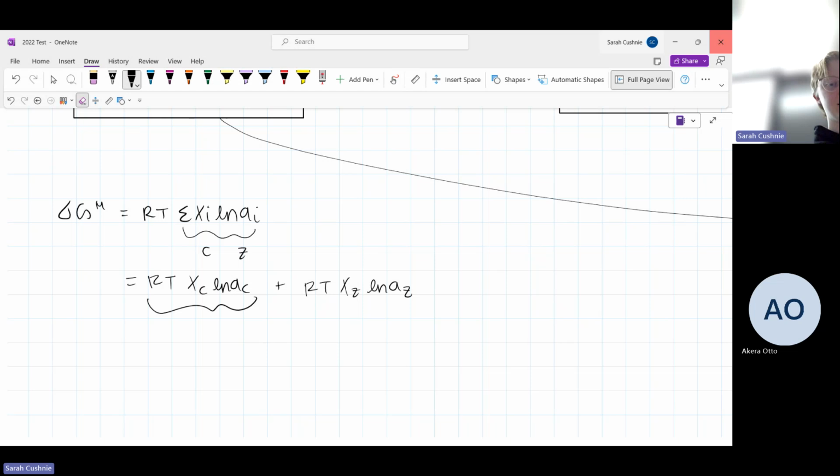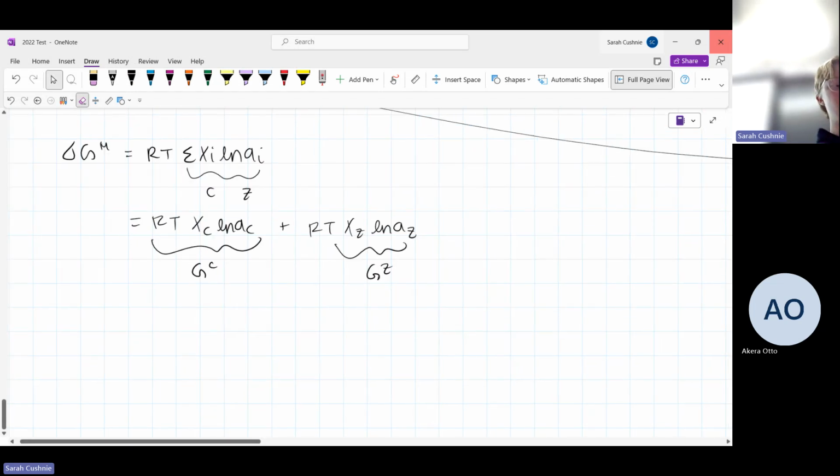Essentially, this is G for C, and this is G for Z. This, however, has to do with the whole system, where we're mixing these things together.